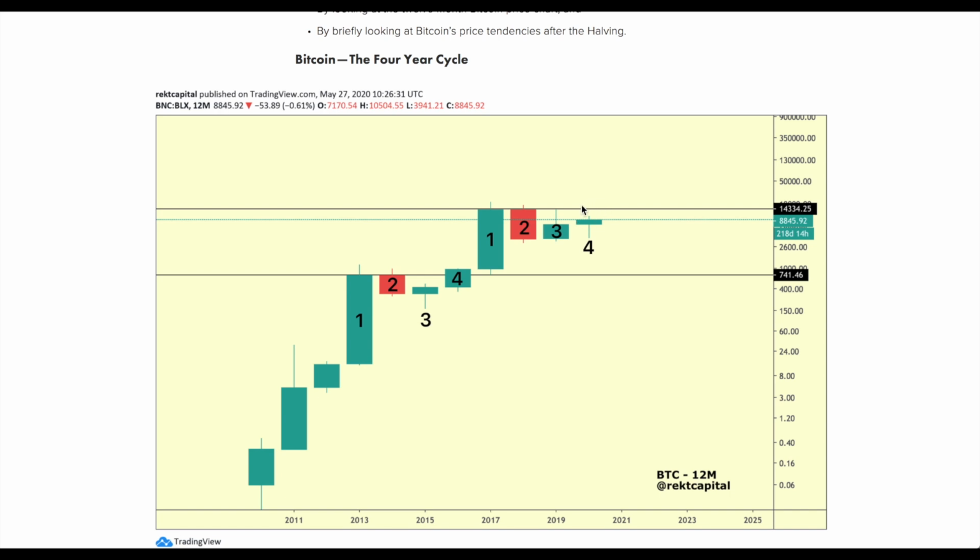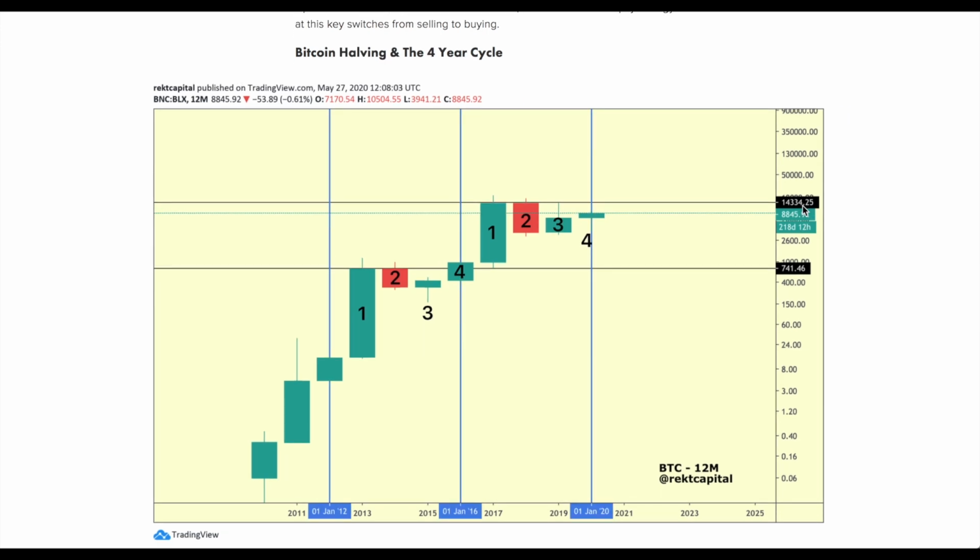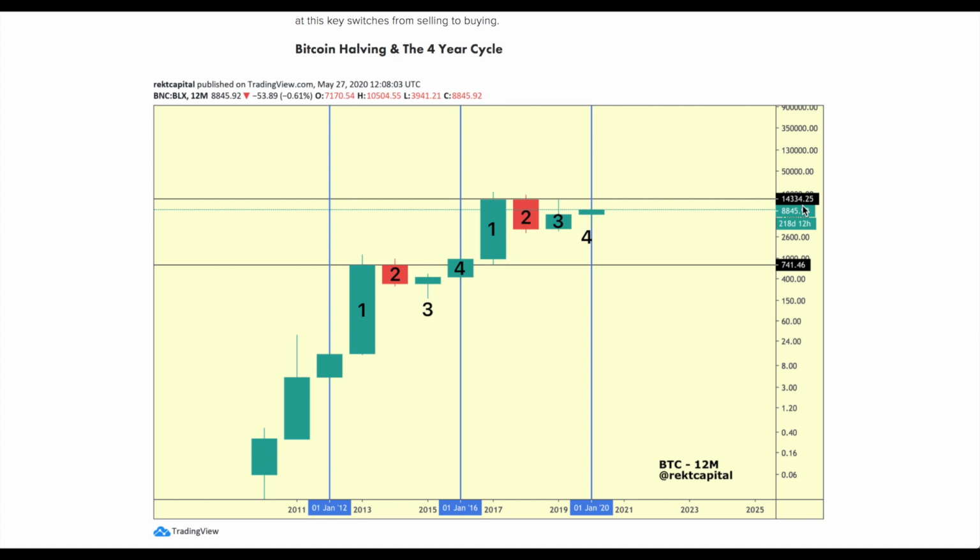So as long as the preceding candle 4, phase 4, closes above a key resistance that stopped candle 1 in the very first place, and this key resistance is 14,300. So that's something really to get excited about going into the end of this year.